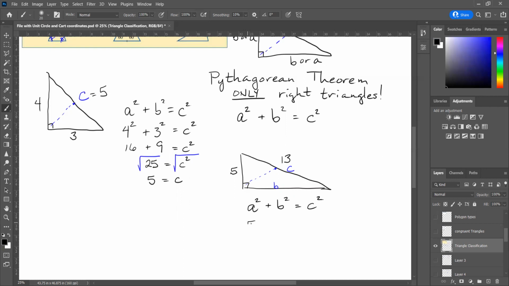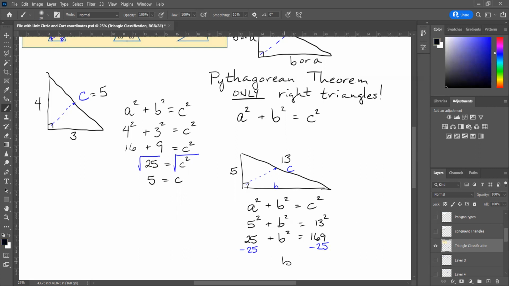We'll call A the 5. I don't know B. C is 13. 5 squared is 25. 13 squared is, let's see, 169. And now I need to subtract 25 from both sides.